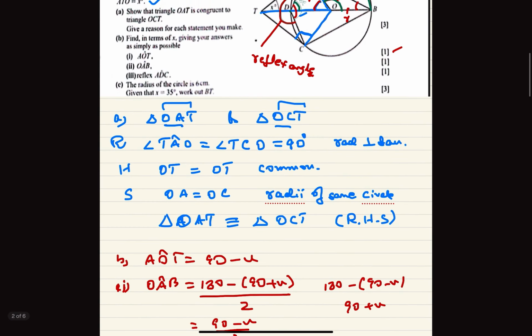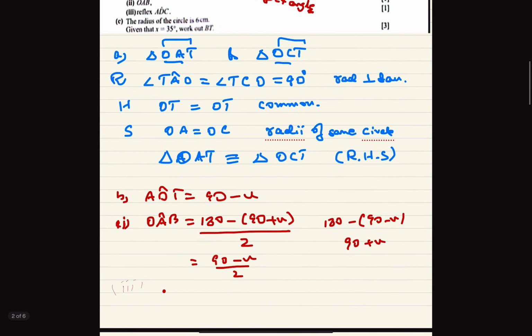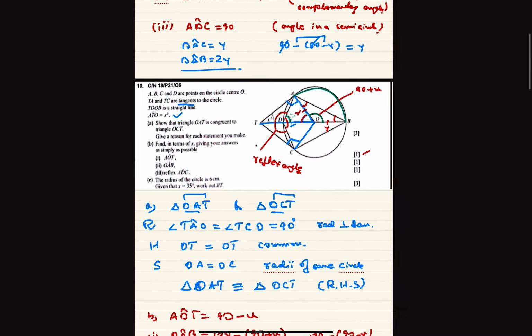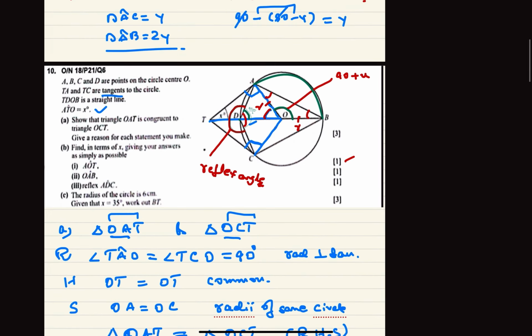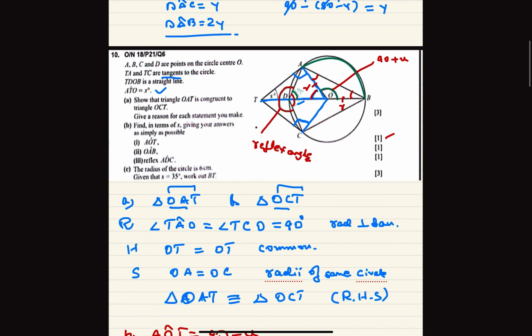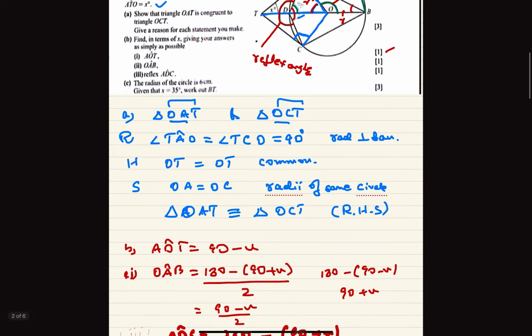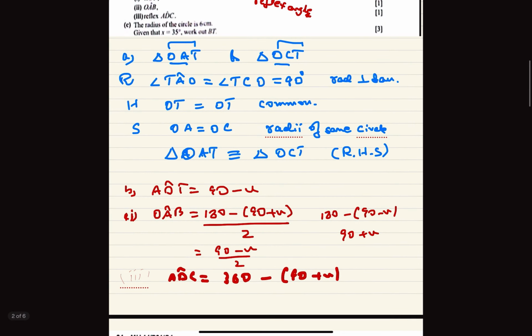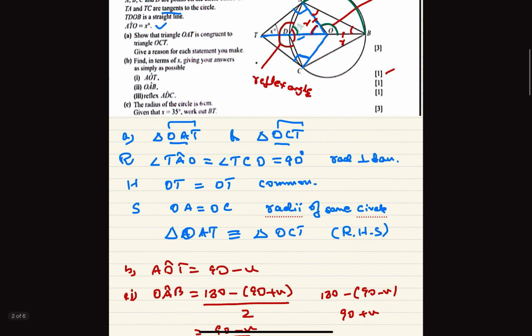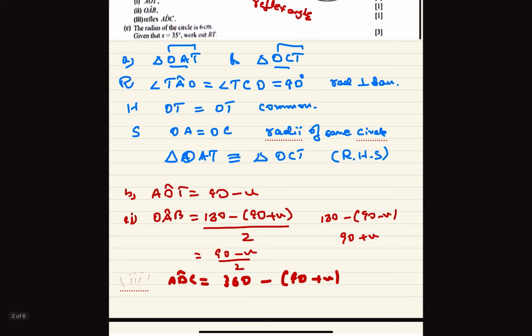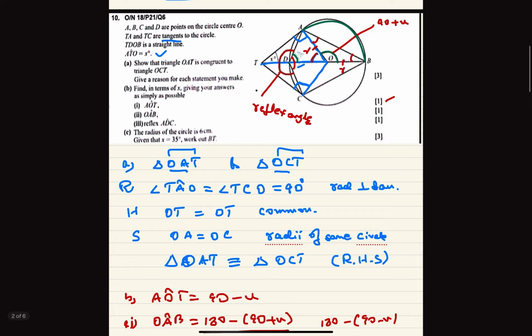Angle ADC is 360 minus 90 plus x. If you look at this again, this was angle 90 plus x. Why? Because AOT is 90 minus x. So 180 minus AOT.